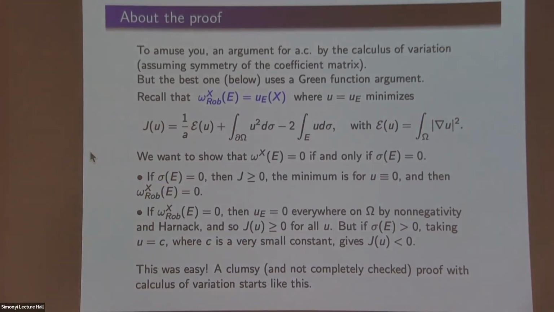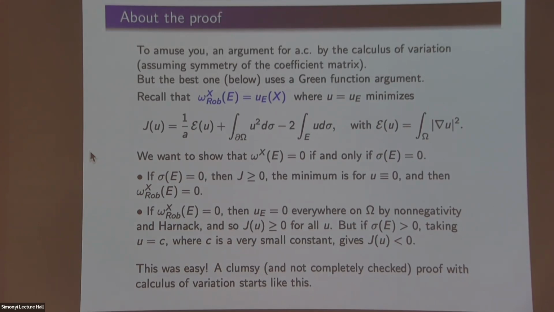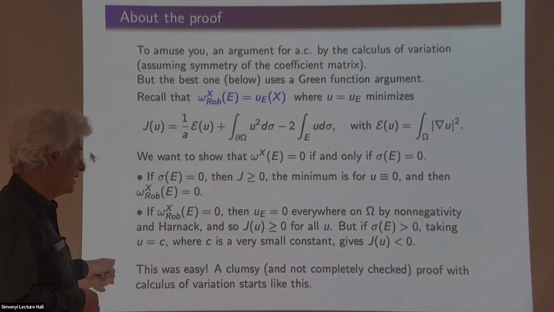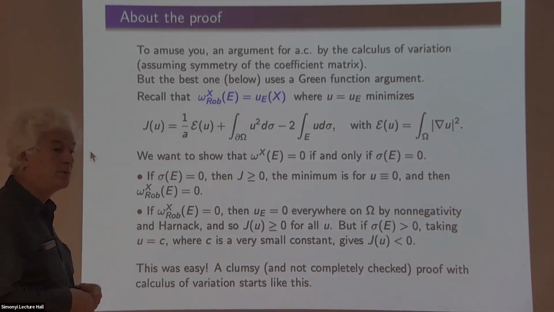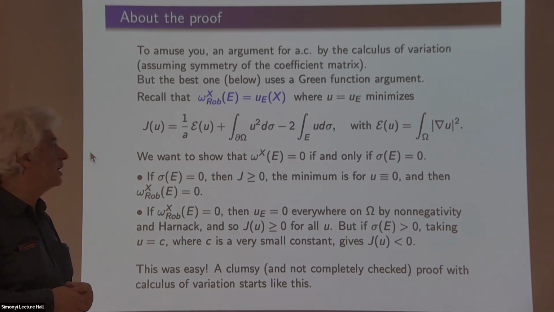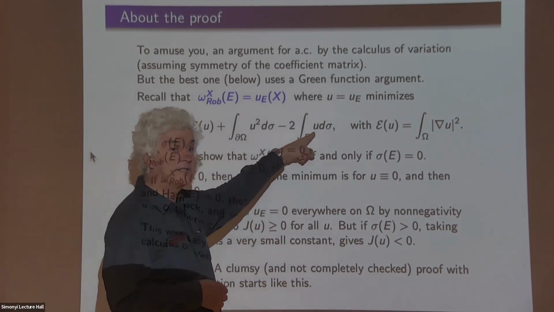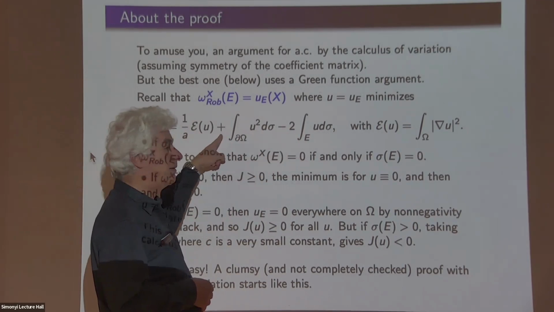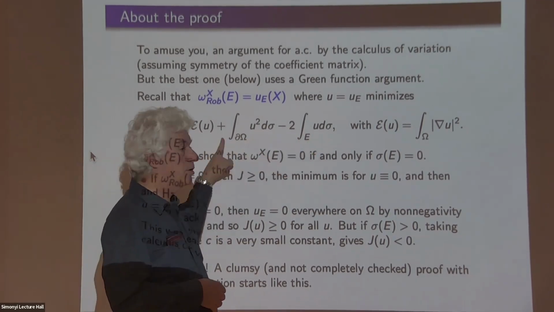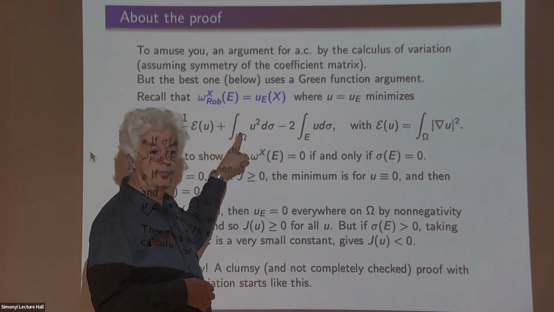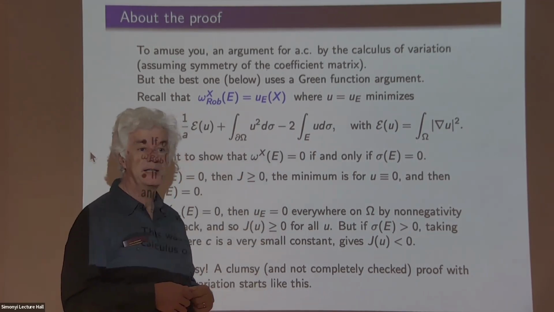So it's very easy to optimize a function like this. And I'm saying, in fact, if you take a function u which is a small constant, small enough, then this term here will be much larger than these terms here. Order 1, order 2, if c is small. And the functional is going to be negative, and that's a contradiction. So that's a proof of mutual absolute continuity.